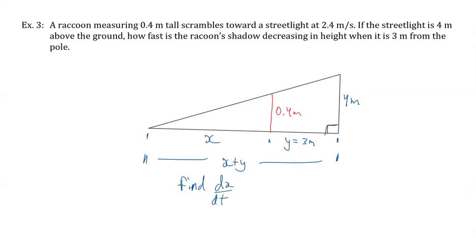It's going to be negative because this is getting smaller because the raccoon is going that direction. So let's see. I've got 4 over x plus y. So I did height over length equals height over length, 4 over x.